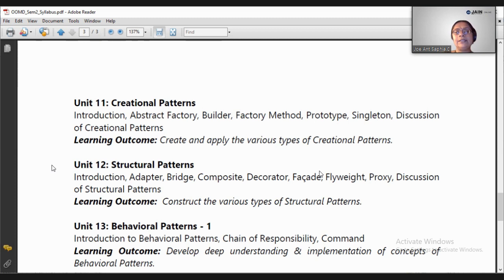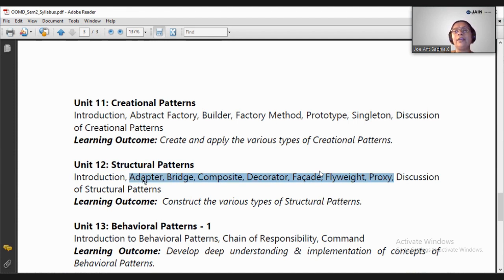There are 7 structural patterns: adapter, bridge, composite, decorator, facade, flyweight, and proxy. So these are the 7 patterns under structural patterns.